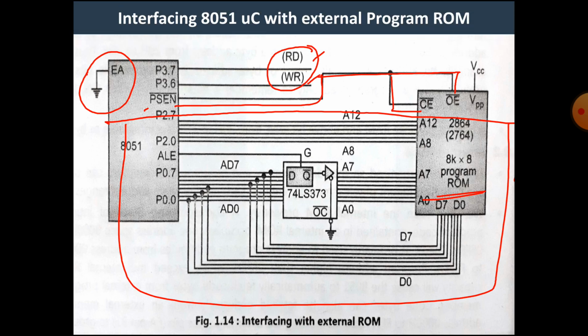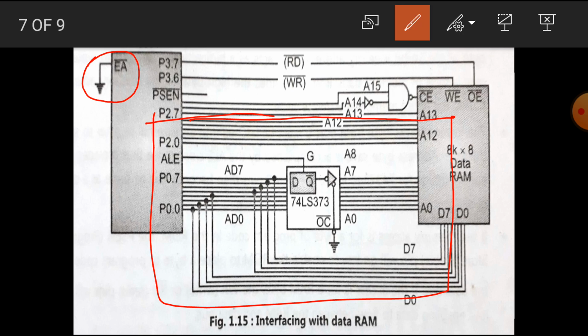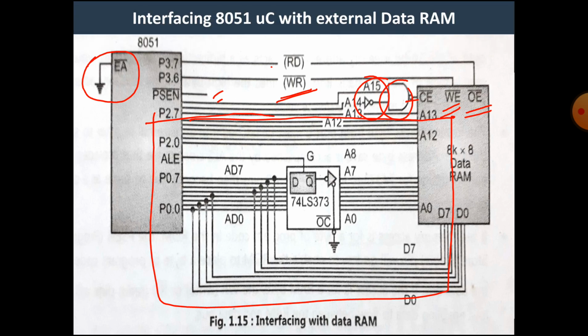In the case of external data RAM, the RD pin is connected to the output enable pin, the write pin is connected to the write enable pin, and these 3 pins are connected to the chip enable pin through the NAND gate, while the PSEN pin is left unconnected.